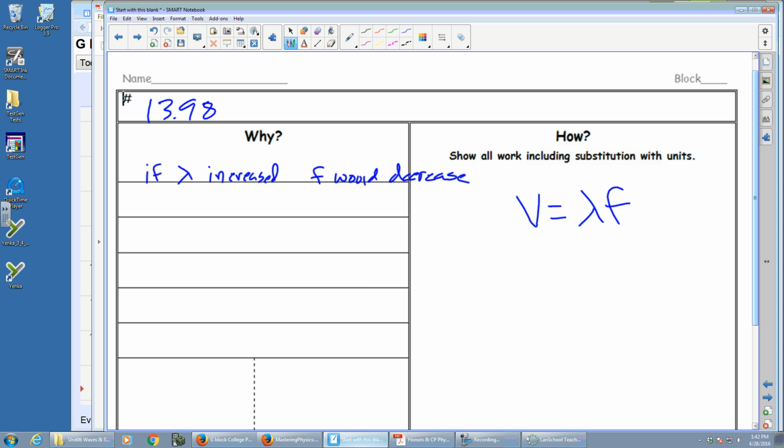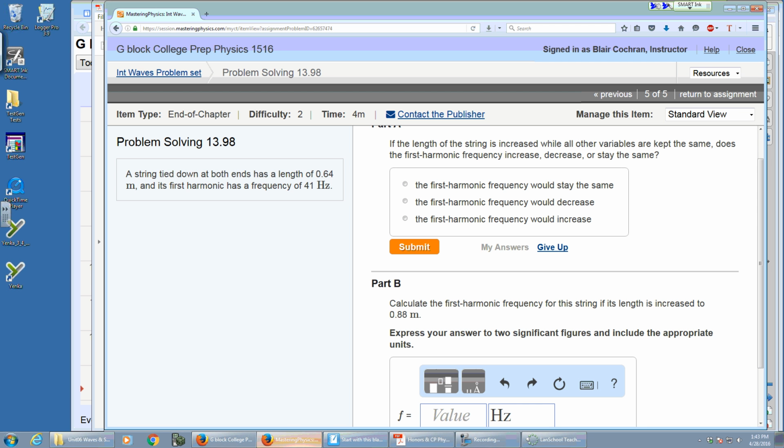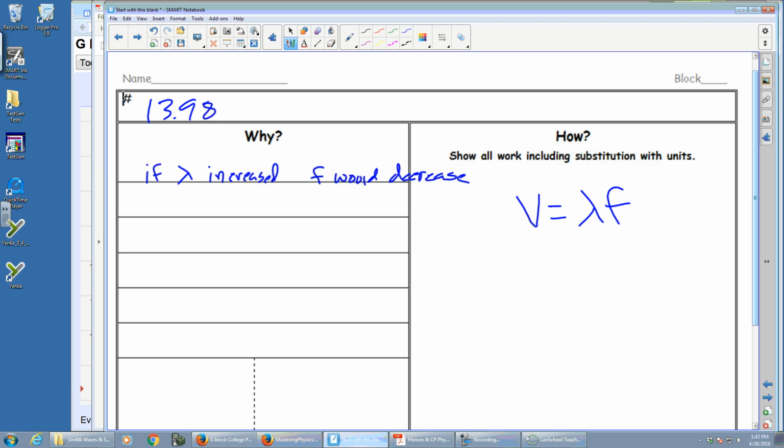And the medium is like how heavy a string it is, what tension it's under, how thick it is. Has any of that changed? No. So, has the speed of the wave changed? No. So, that's one thing I definitely look for in a why on this problem: speed is constant since the medium does not change.